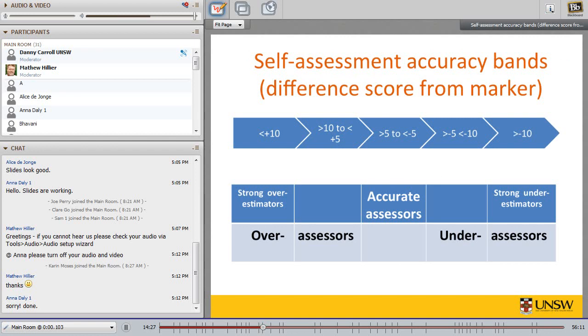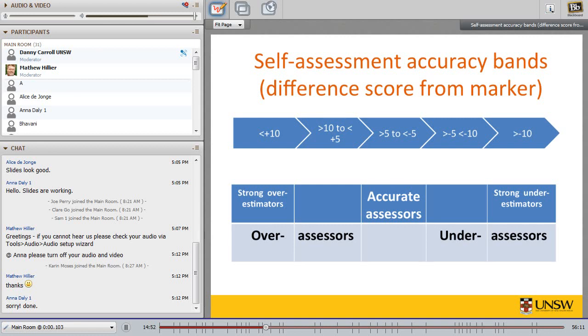Now, when we got the data back, for example, a student might have thought they were going to get a mark of 85 on a particular criteria, but the academic gave them 72. In that case, their difference mark would have been more than 10 marks above the academic, so they over-assessed, and in fact they were strong over-assessors.